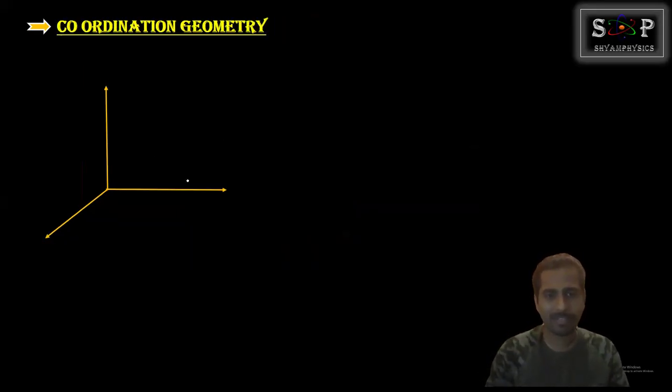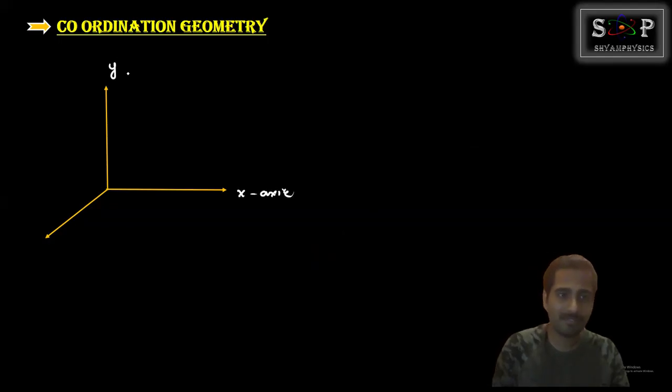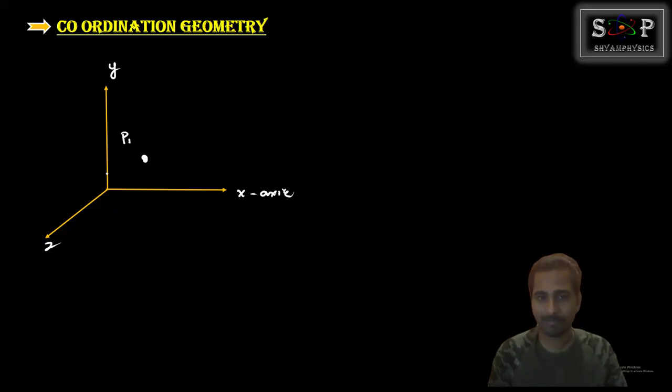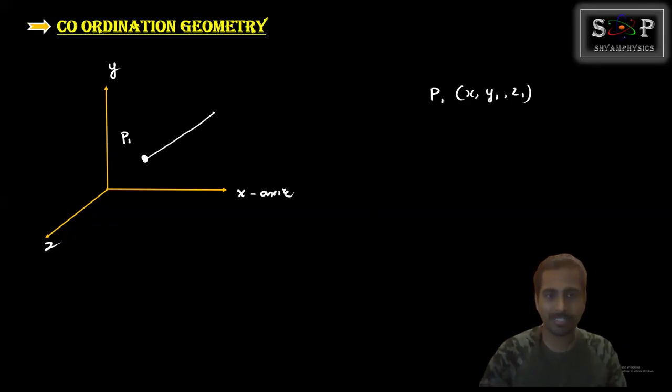For example, this is the X axis, this is Y and this is Z. For example, there is an object at this point. I will call it P1. P1 coordinates are X1, Y1, Z1. It is moving to some other point.